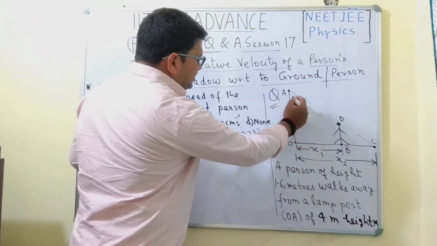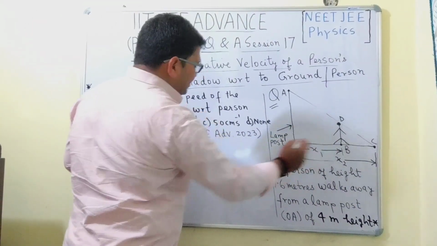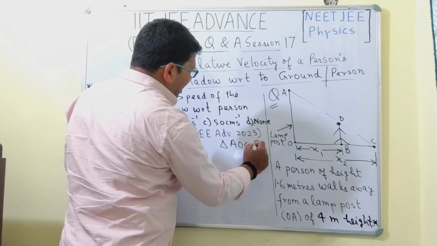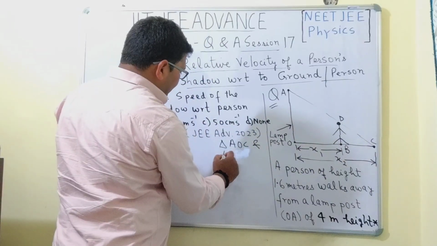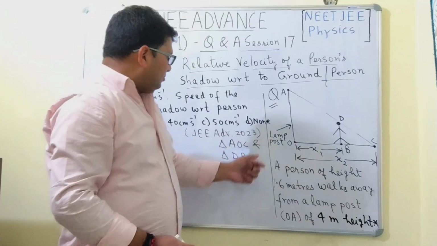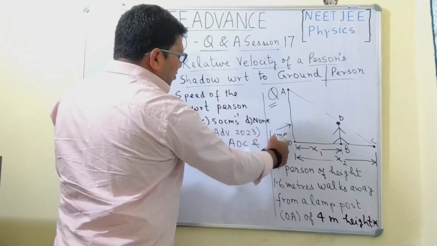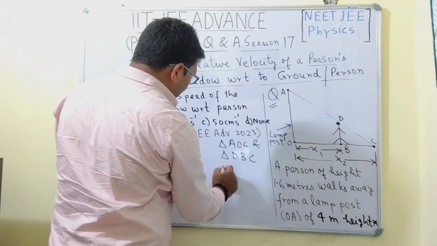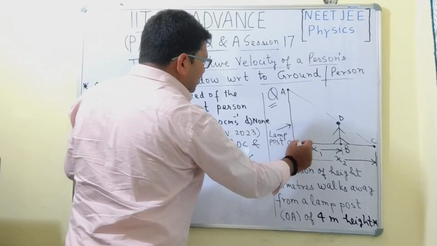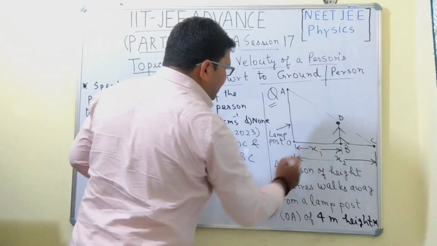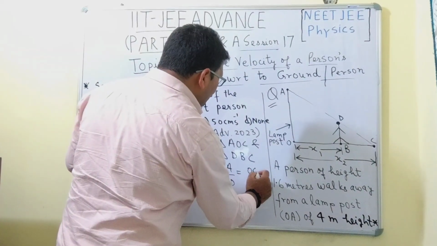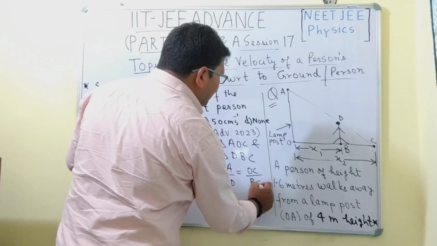From triangle AOC and triangle DBC, both are similar triangles. So from these two triangles, OA upon BD will be equal to OC upon BC.